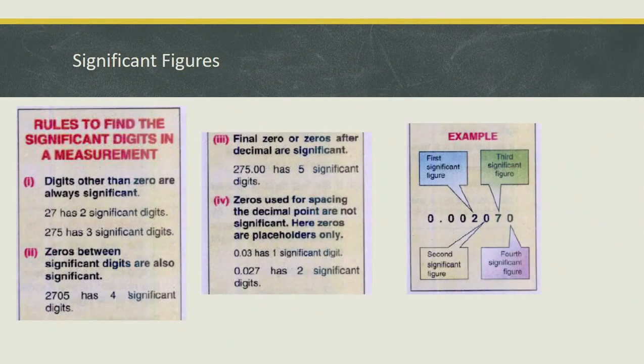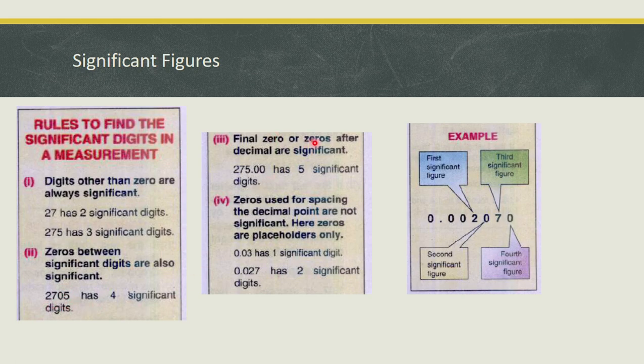Now these are also the rules for finding the significant figures in short. This is just a summary. Digits other than 0 are significant, like 27 has two significant figures and 275 has three significant figures. Zeros between significant digits are also significant, like 2705. This 0 is in between two significant figures, so it has 4 significant figures.